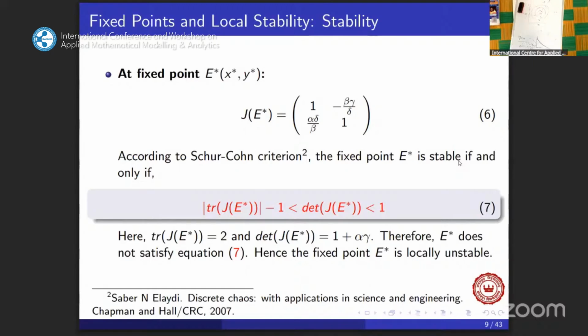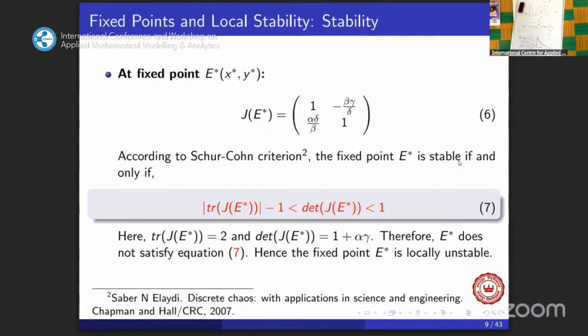The trace means the sum of the diagonal elements, 1 plus 1 is equal to 2, and the determinant value is 1 plus alpha plus gamma y. See what we get? The trace value is 2, so 2 minus 1 equals 1, which is less than 1 plus alpha y, less than 1. This inequality does not hold.